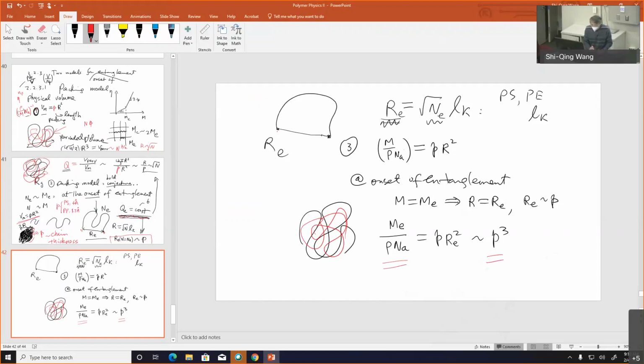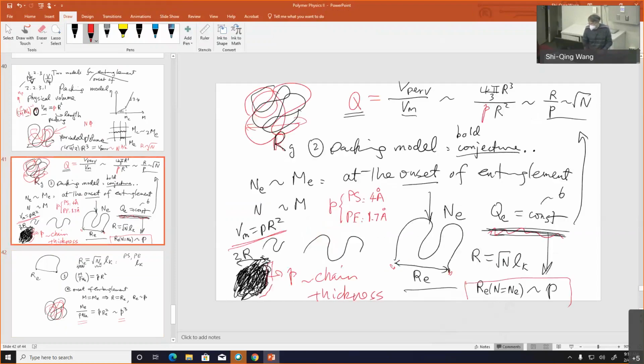All the different polymers must find themselves with 6 chains in their own pervaded volume. For a polymer that's very thick, the only way to fit 6 chains in my pervaded volume is a bigger volume.